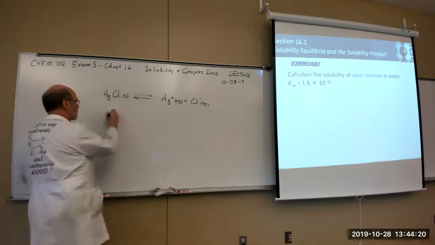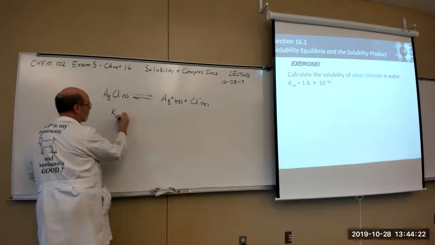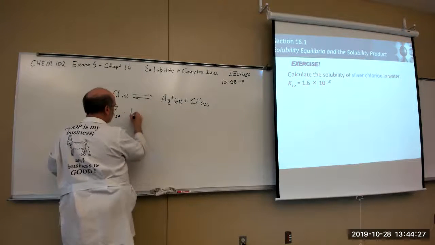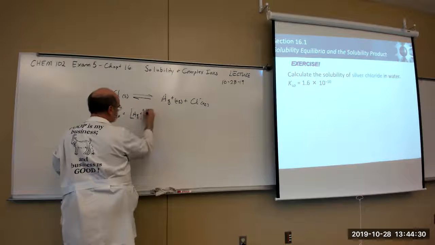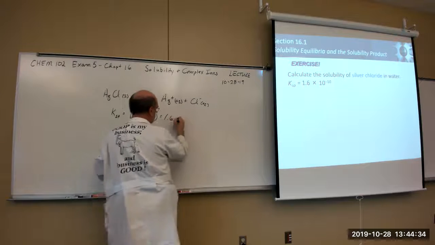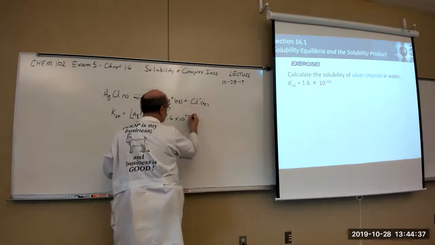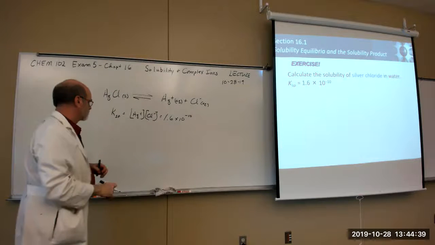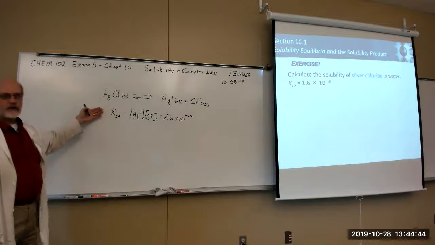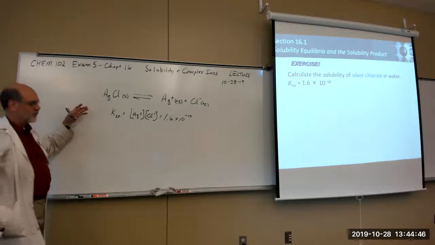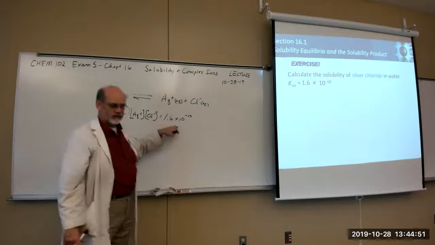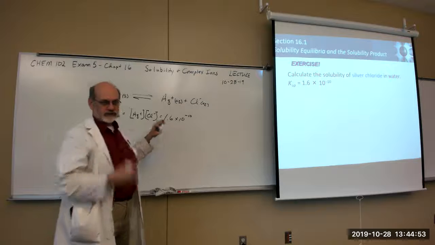And then the KSP, the solubility product, since this is 1 to 1 to 1, we only have to put this in our expression. And that's equal to 1.6 times 10 to the minus 10. Okay? And like any other K value, we don't put units with it. We just have to be sure that we write it correctly and generate our expression correctly. Then the units will take care of themselves.